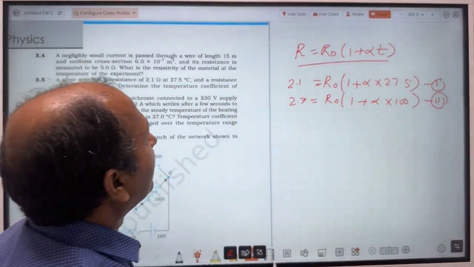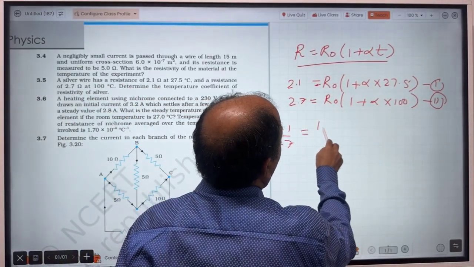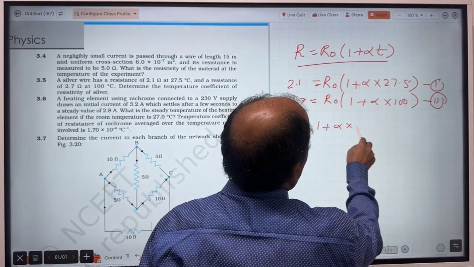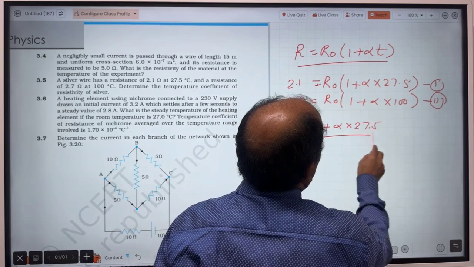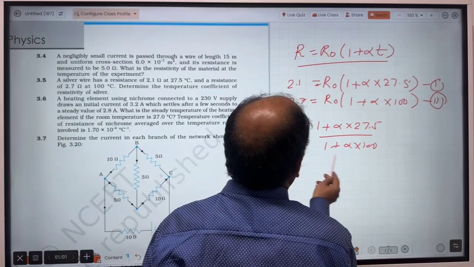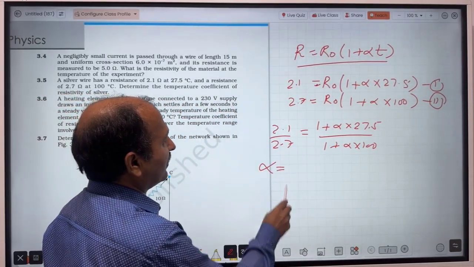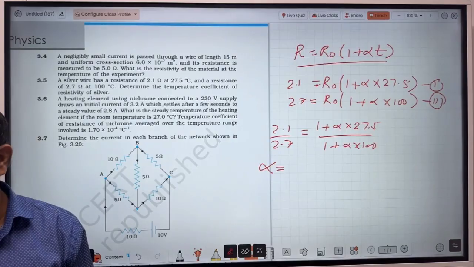And now if you divide, what is it? 2.1 divided by 2.7 equal to 1 plus alpha into 27.5 divided by 1 plus alpha into 100. Now make cross multiplication and simplify to get alpha. Just do the calculation.